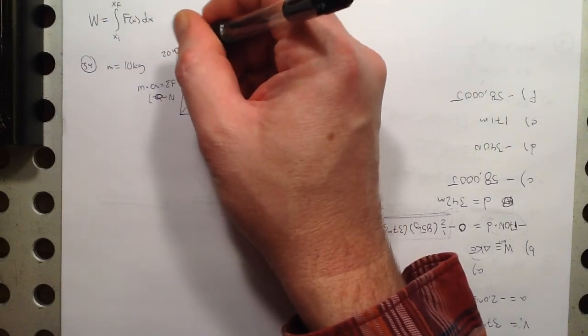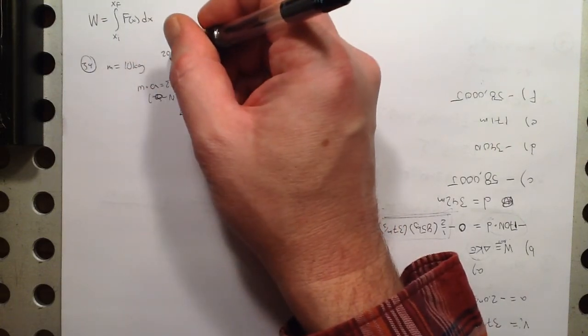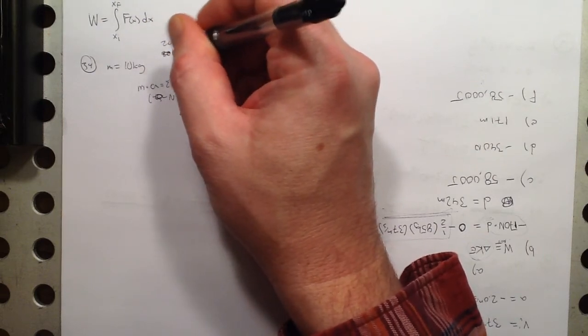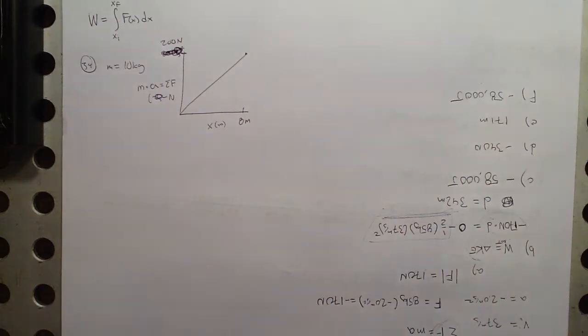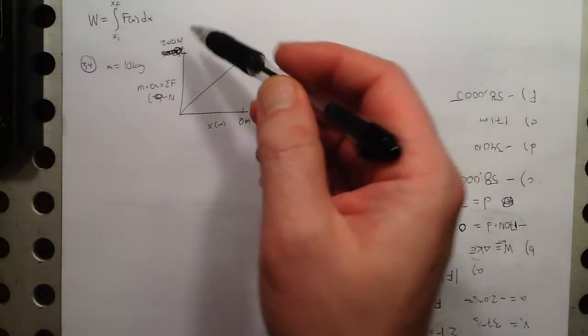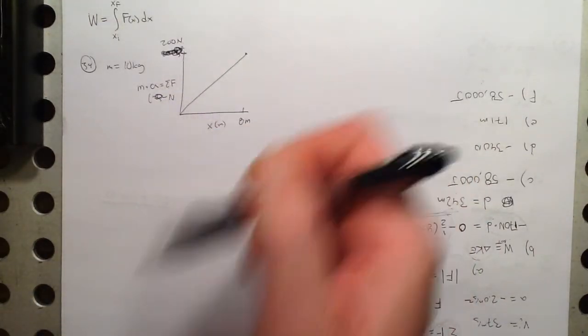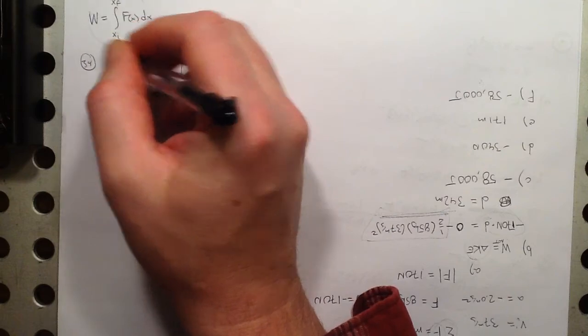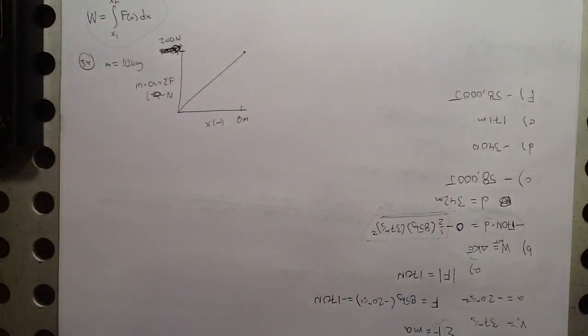So since the mass of this thing is 10 kilograms, that would just rescale, so this is 200 newtons. So I could take this graph of acceleration versus distance and say, that's basically a graph of force versus distance if I multiply this axis by mass. And then that should make this very easy to do, right?